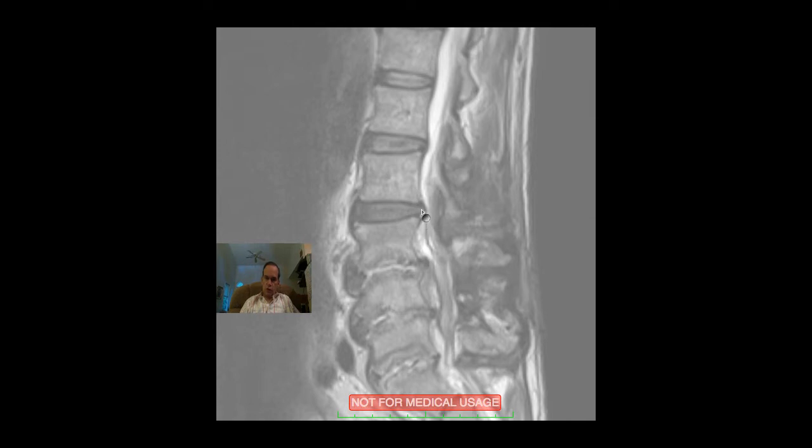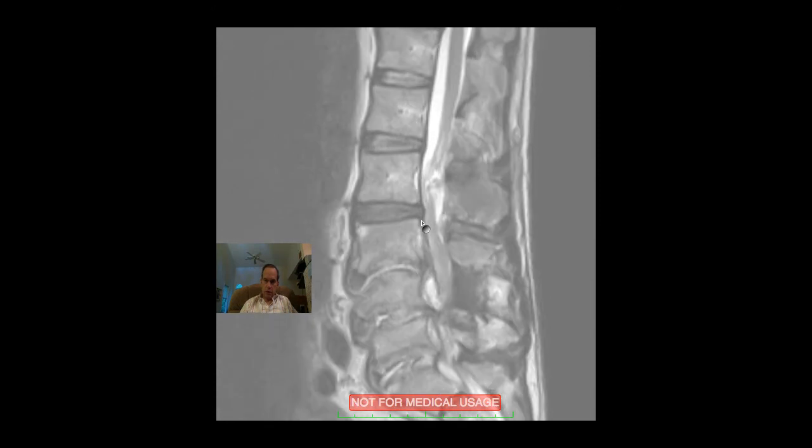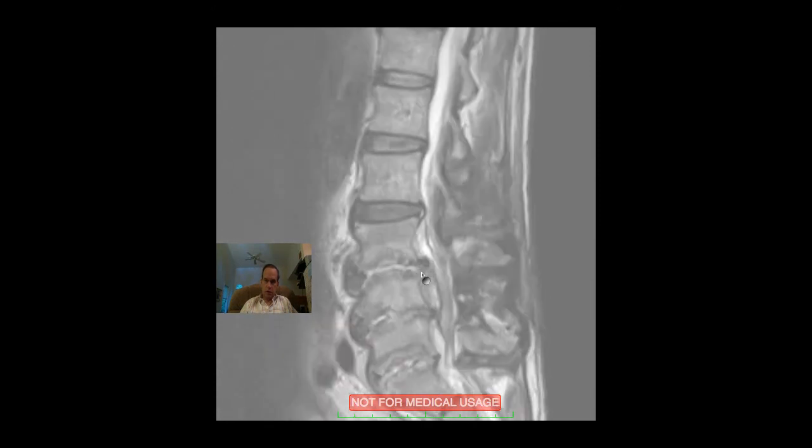So in order for a disc to really herniate downward, it has to undermine the posterior longitudinal ligament and elevate it. And that's what we're seeing a little bit of right here. Okay, and these are all very severe disc degeneration changes.